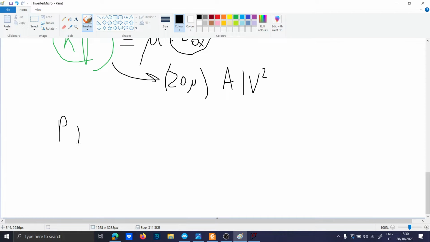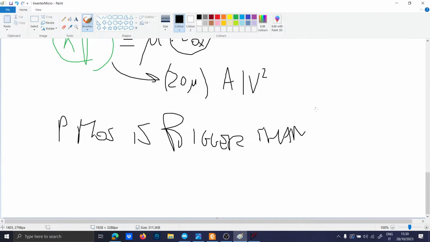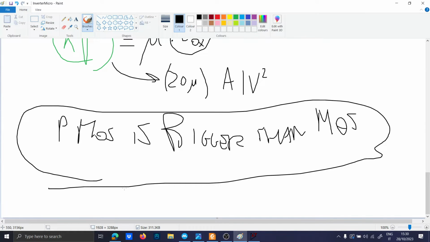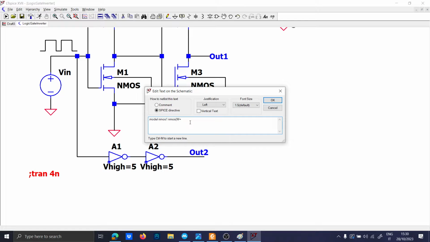The PMOS is bigger than the NMOS. This is important. So it is reasonable to say that W is equal to 8 micro, L is equal to 2 micro, VTO is equal to, I don't know, 0.5, 1, Kp is equal to 50.